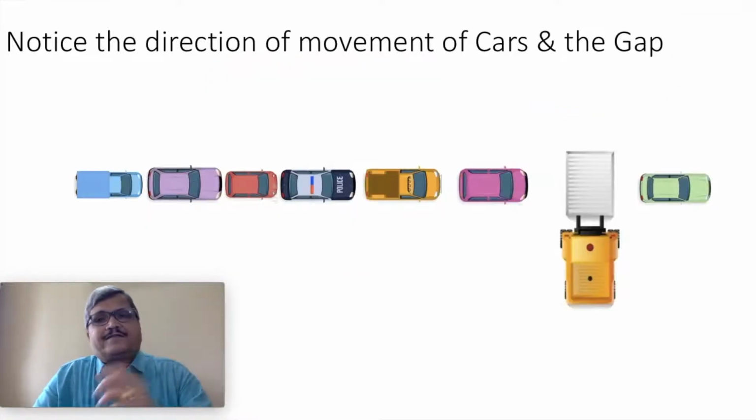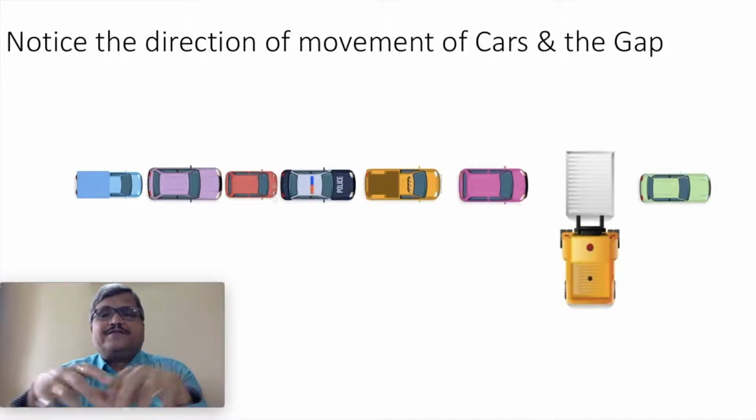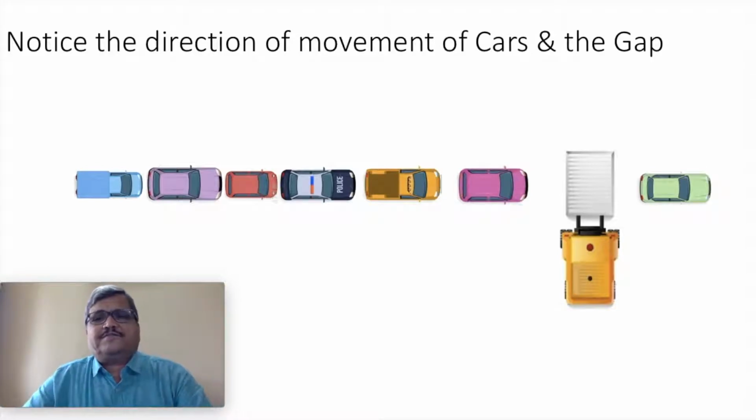So let us understand this with the analogy of cars waiting at the red signal. Just imagine, visualize this, that there is a long queue of cars waiting at the red signal, waiting for it to become green. In the meanwhile, one construction vehicle is crossing the road from the crossroads. So the other cars are waiting for the construction vehicle to pass.